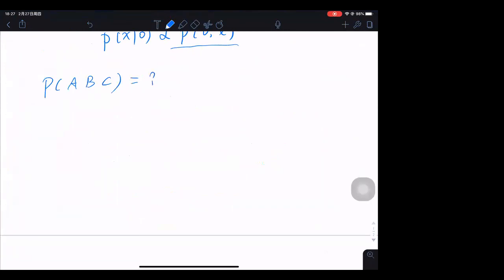How could you decompose that? Okay, can you do this quickly? Maybe take 20 seconds on your own, then I will explain the answer. If you have a quick answer, you can also type in the chat window. How can we decompose that by a series of conditional probabilities?